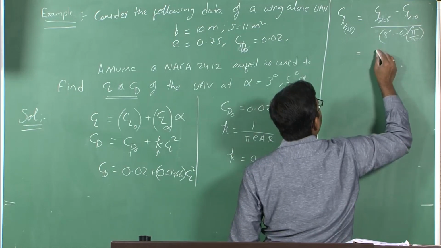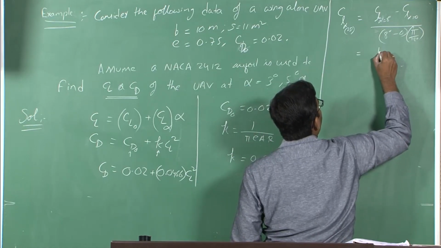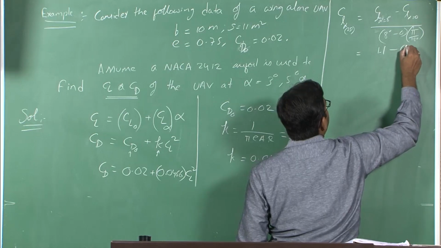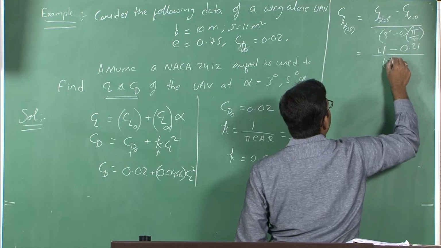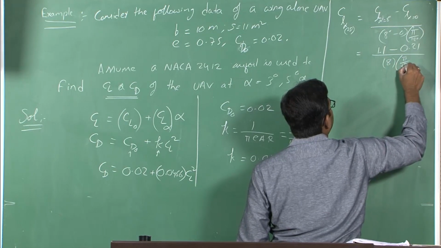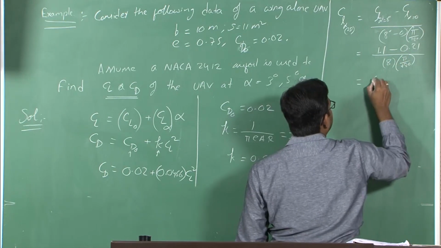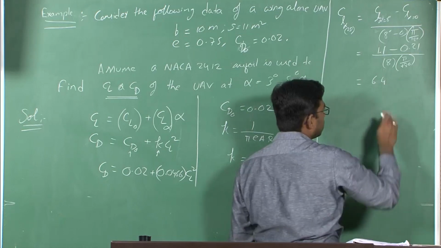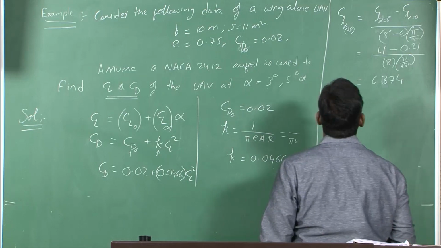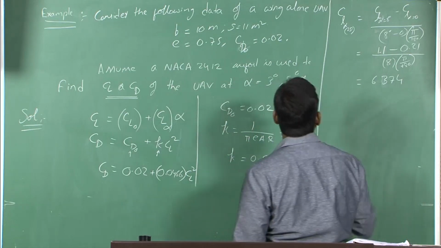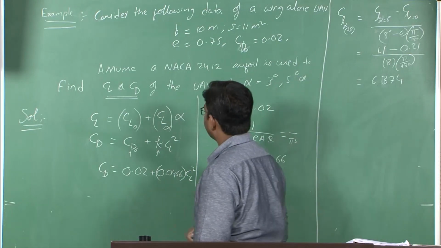This is 1.1 approximately minus 0.21, divided by 8 into pi by 180. So this turns out to be 6.374, right? This is your CL alpha 2D.